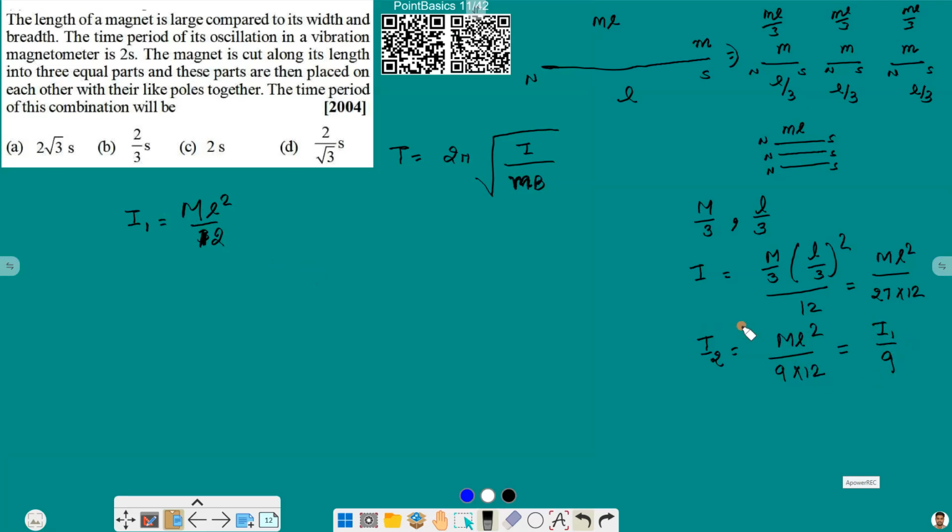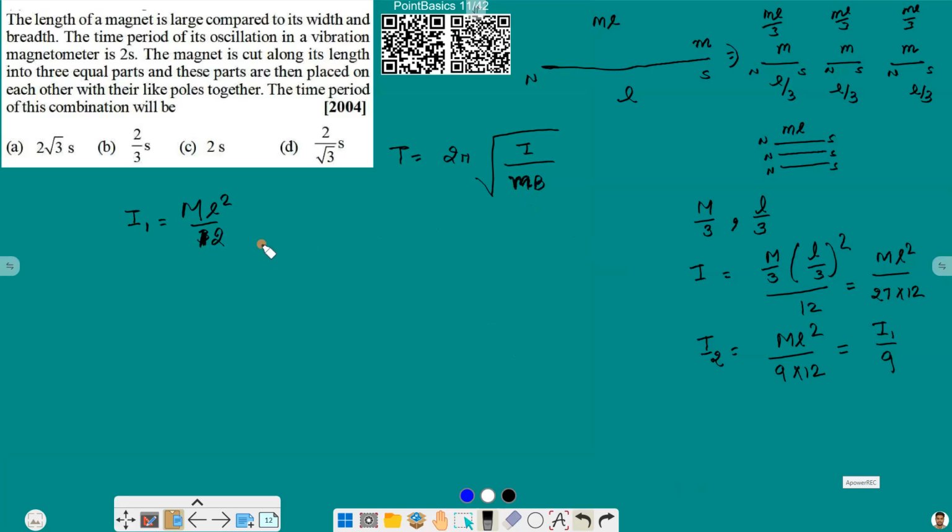So now we have the value of moment of inertia. The magnetic field is the same as it is, and the pole strength is also the same, because we are putting them in such a way that their poles are aligned with each other. So the total magnetic dipole moment will not change.